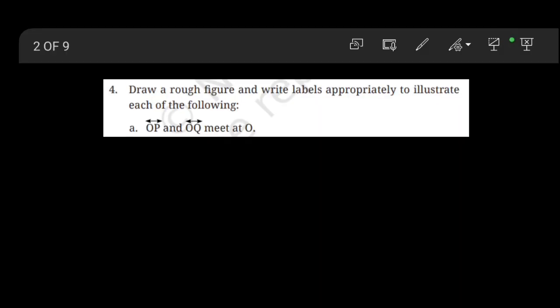Question 4. Draw a rough figure and write labels appropriately to illustrate each of the following. So what do we have to draw?